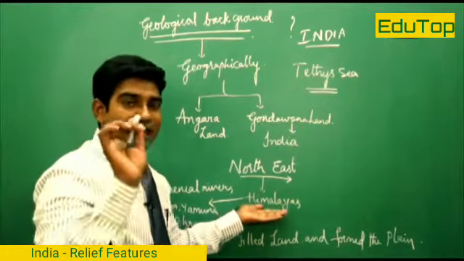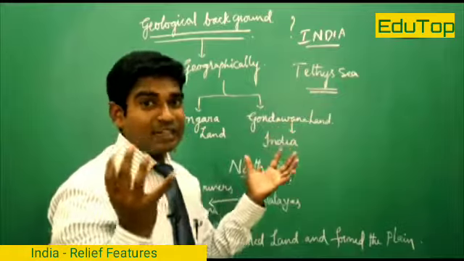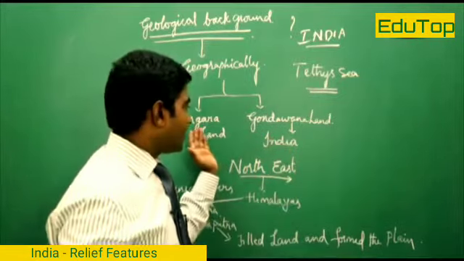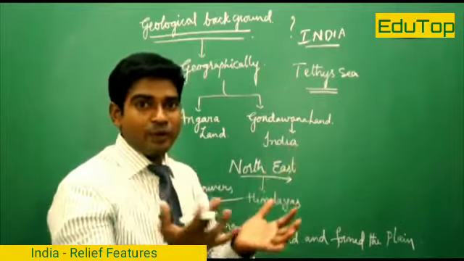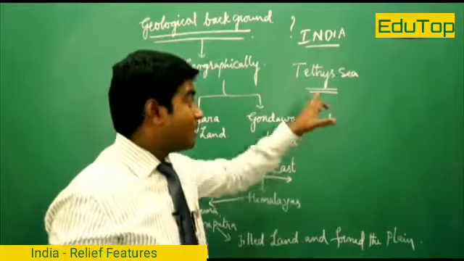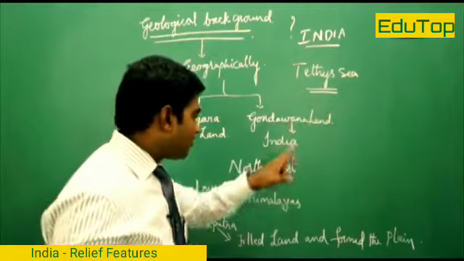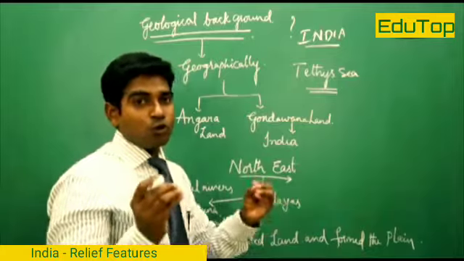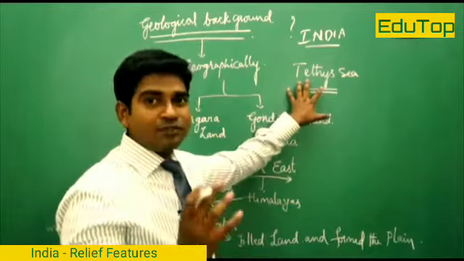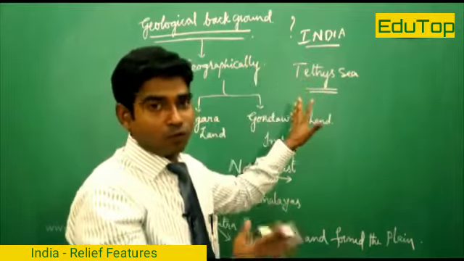So the Himalayas are nothing but a water body which was buckled up by the external force of the movement of Angara Land and Gondwana Land when they were compressed by the earth plates' movements. It was buckled up for millions of years, not for one day. Then it formed the Himalayas. The present-day Himalayas are so elevated and cool, completely covered with frozen zones, because of this process which happened so many million years ago.